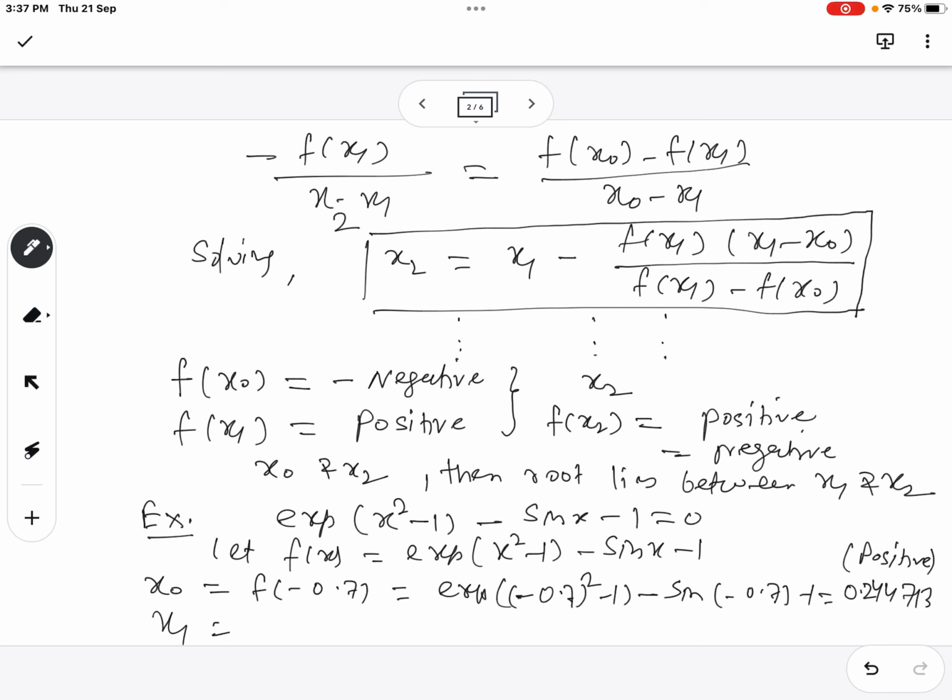And at x1 equal to 0, the functional value is minus 0.632122121. This is negative, so it means the root lies between minus 0.7 and 0.